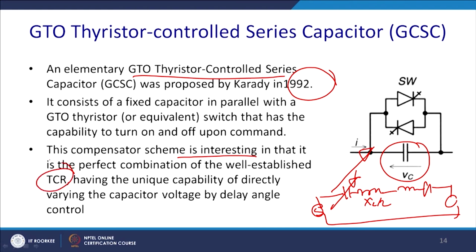We have discussed TCR, thyristor controlled reactor, and this has a unique capability of directly varying the capacitor voltage by delaying the control. Please recall our TCR. We will have thyristors in parallel. What happens is very simple.